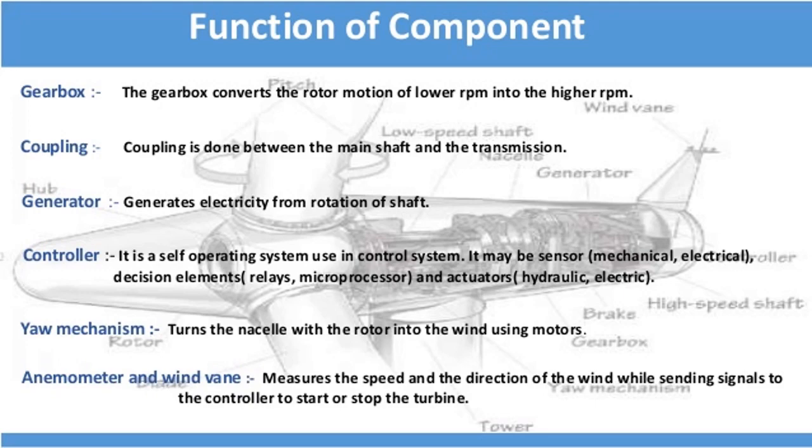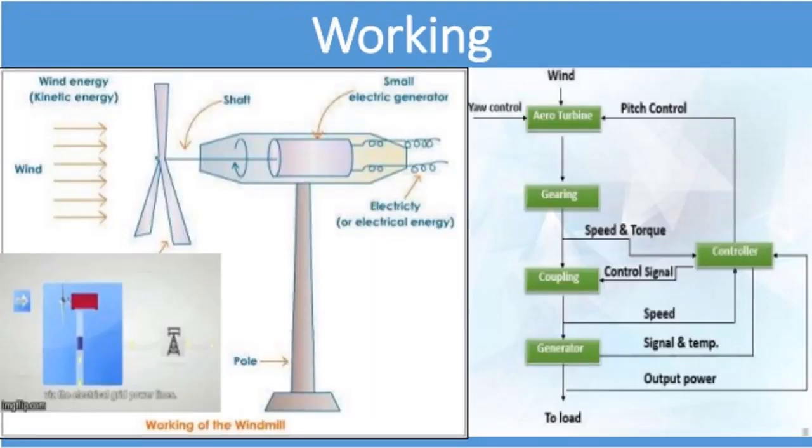It may be a sensor, mechanical or electrical device, decision element, relay, microprocessor, and actuators, hydraulic or electric. The yaw mechanism turns the nacelle with the rotor into the wind using motors. Anemometer and wind vanes measure the speed and the direction of the wind while sending signals to the controller to start or stop the turbine.